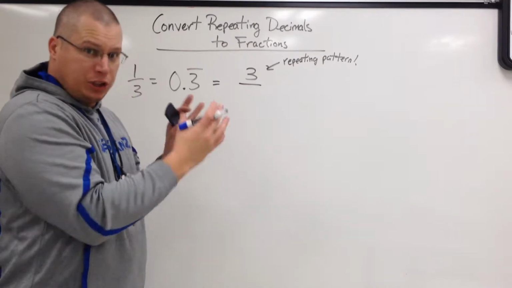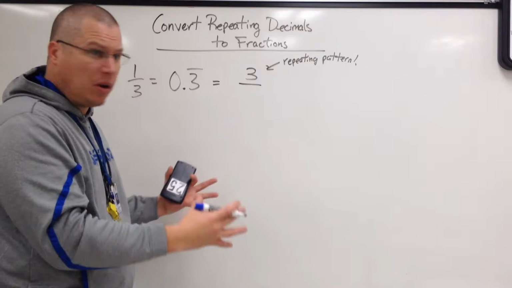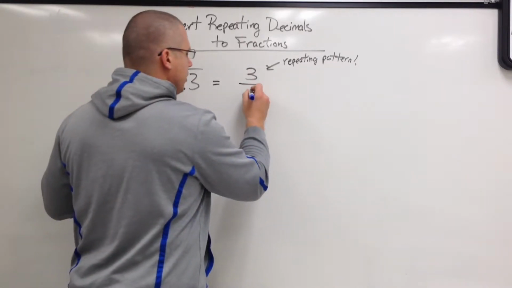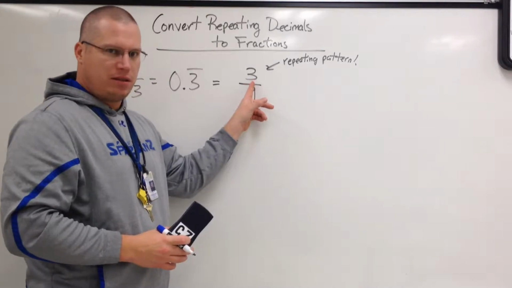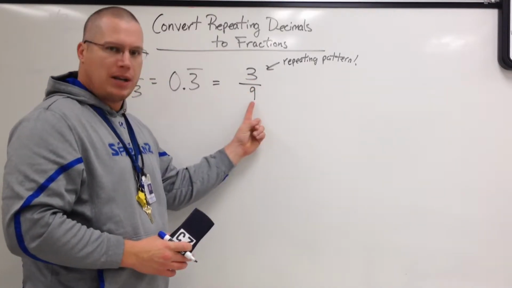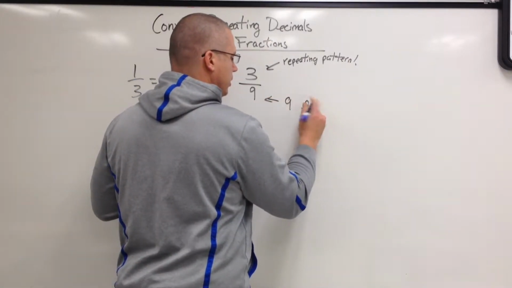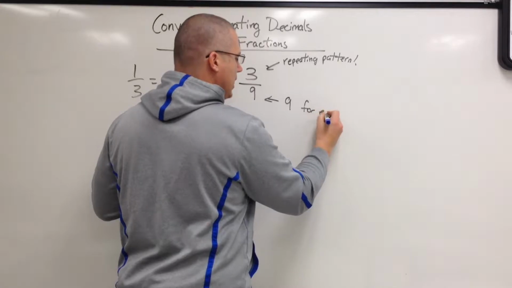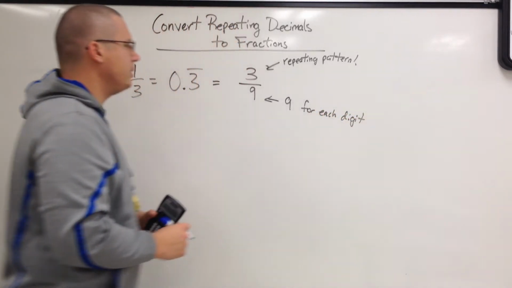The trick, or the shortened version of all the algebra that goes with proving how this works or solving it, is you put a 9 underneath for every digit that this contains. So in this case, this contains one digit, so I put 1, 9. So I'm going to put a 9 in for each digit that I have.